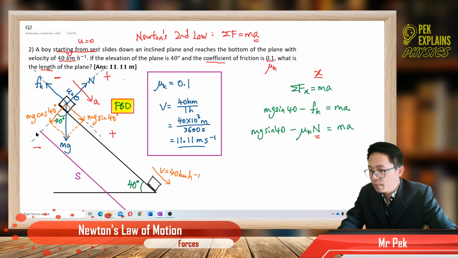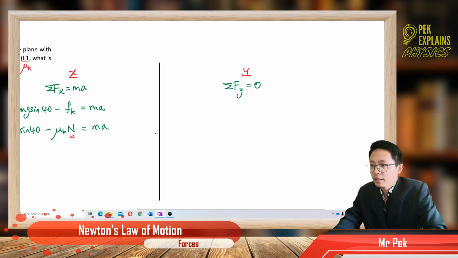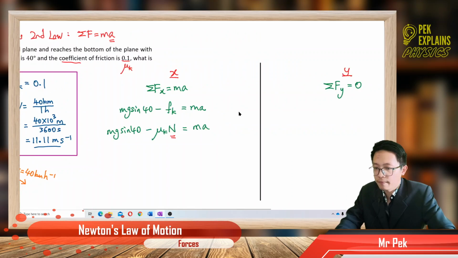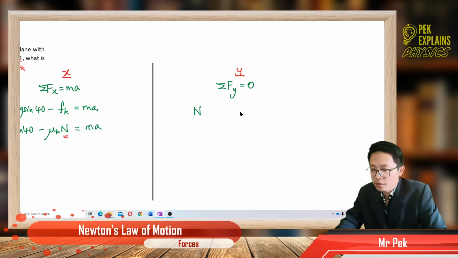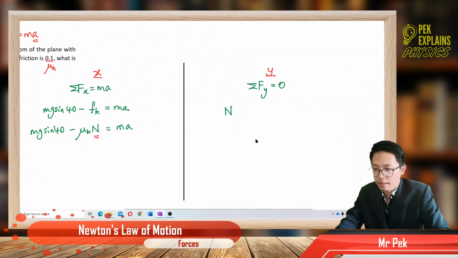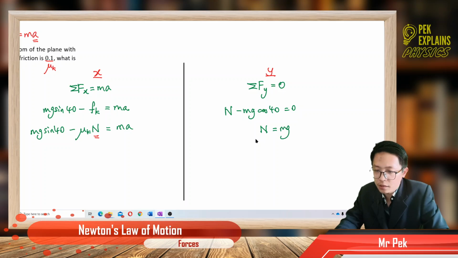For the y component, you only have the normal force and mg cos 40. The normal force is positive, and mg cos 40 is negative. So N minus mg cos 40 equals 0, therefore N is equal to mg cos 40.